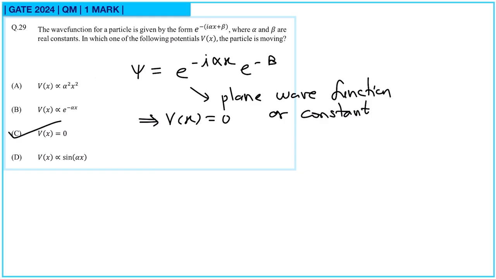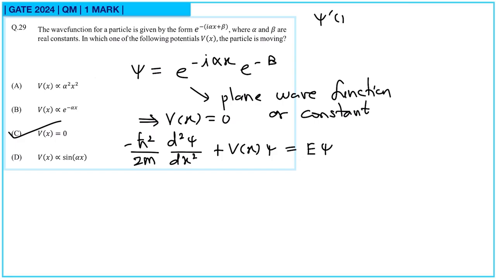Or you can use the Schrodinger equation and solve it. So we have minus h cut square by twice m d2 psi by dx square plus V of x psi is equal to E psi. Now psi is given. Now what will be psi dash of x?